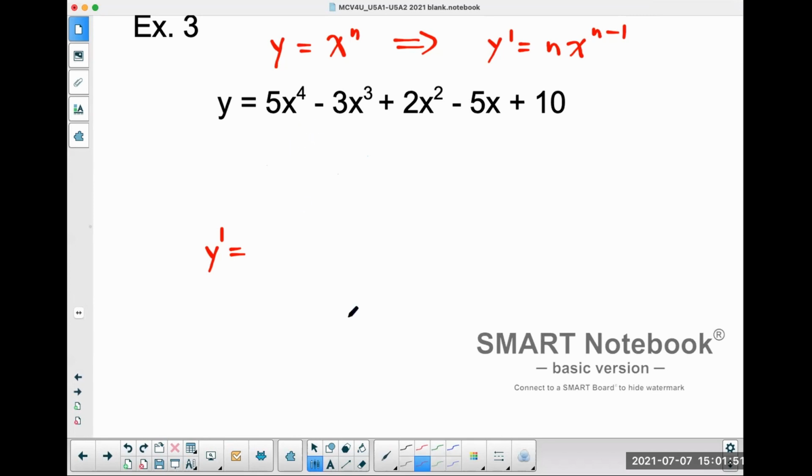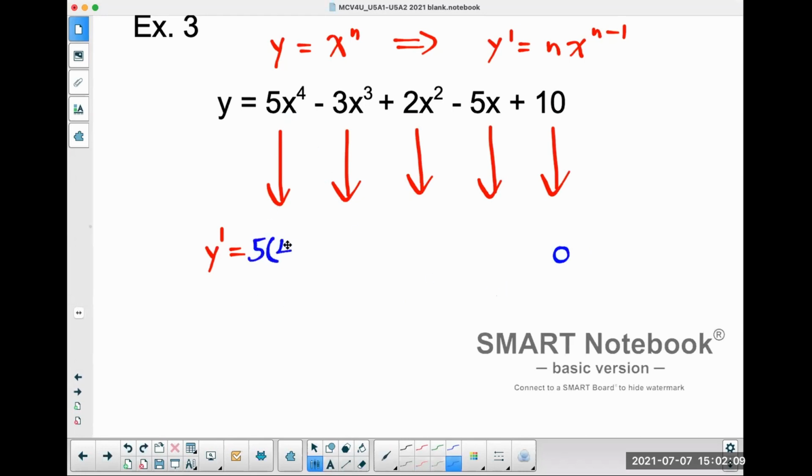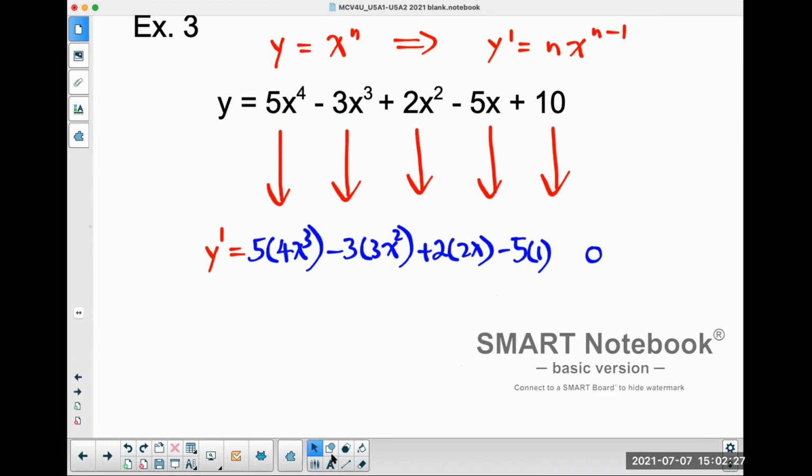So you should have 1, 2, 3, 4, 5. Now, knowing that the last term is a constant, is a 0, your answer should have 4 terms. So this one, you carry down the 5, and then you get 4x cubed. You carry down the -3, you get 3x squared. You carry down the 2, you get 2x. You carry down the -5, and that's a 1, right? X is just a 1. And the constant is 0.